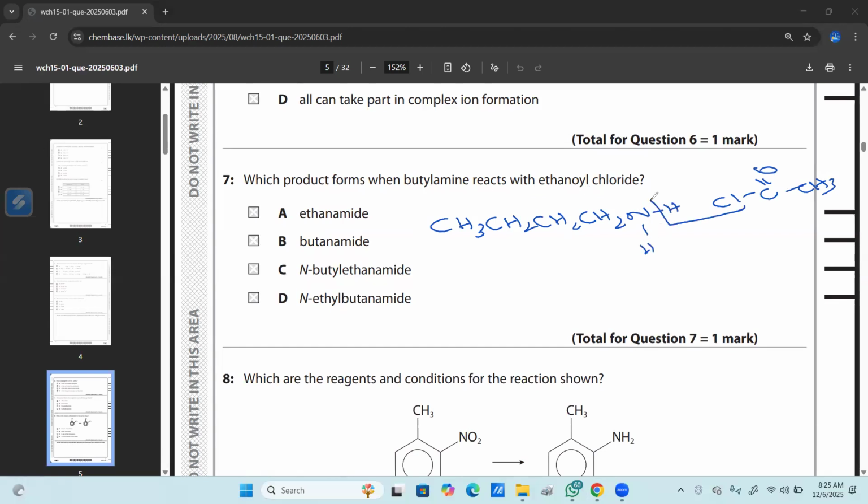Then we know HCl will leave. Then you get CH3, CH2, CH2, CH2, NH, CO, CH3. Which products form when an HCl is also removed?